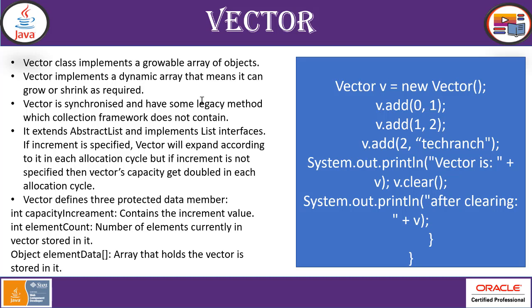Vector defines three protected data members: capacityIncrement, elementCount, and elementData. Capacity increment contains the increment value, element count is the number of elements currently stored in the vector, and element data is the array that holds the vector's elements.